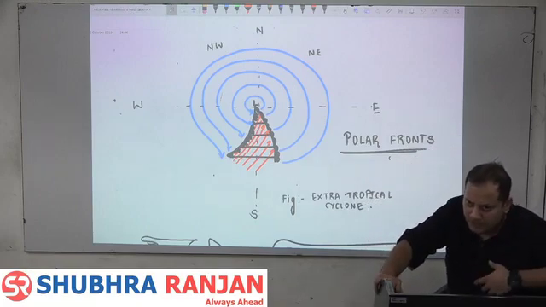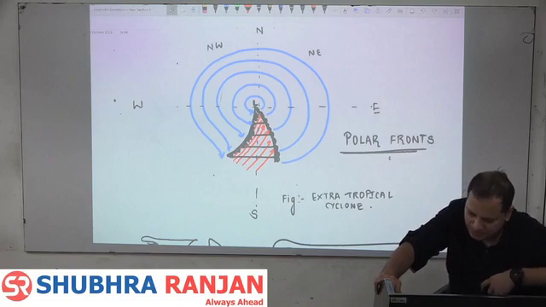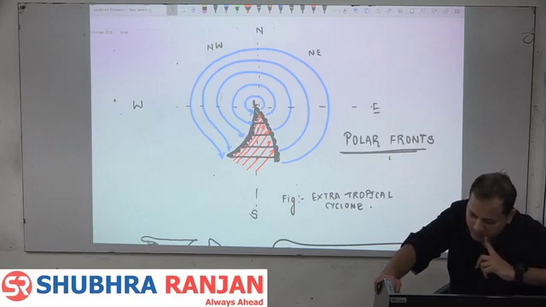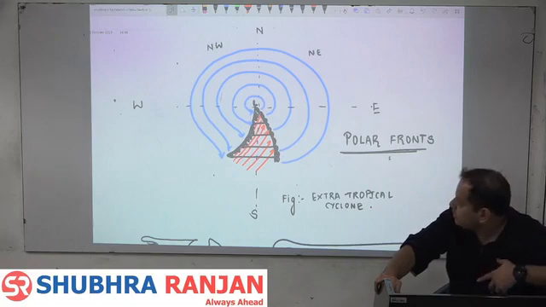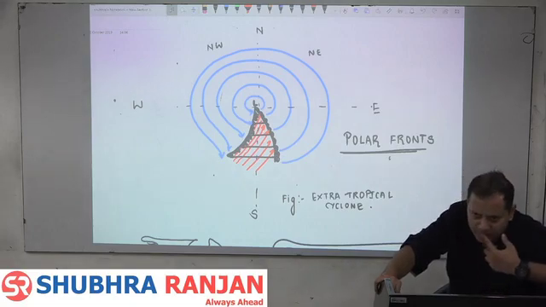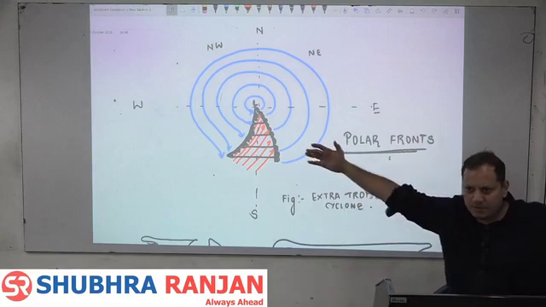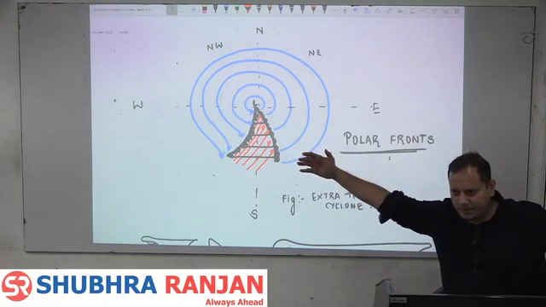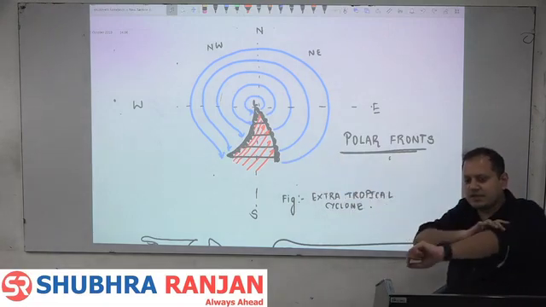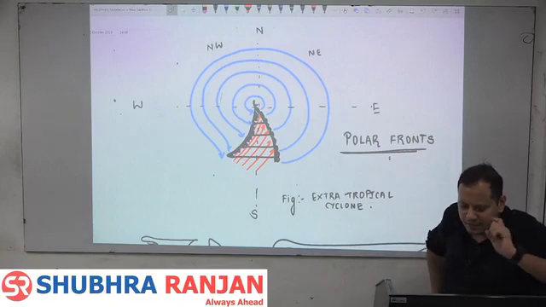The longitudinal axis of these depressions, longitudinal axis means length, shows that such cyclones are wider in the north.